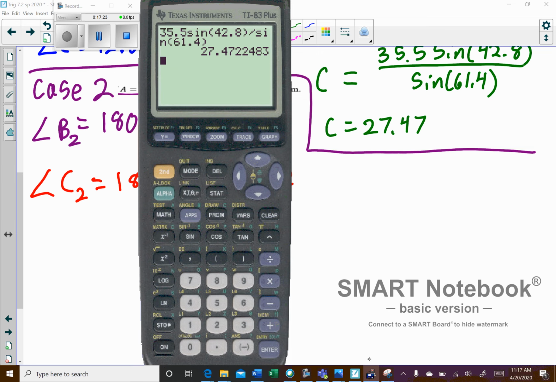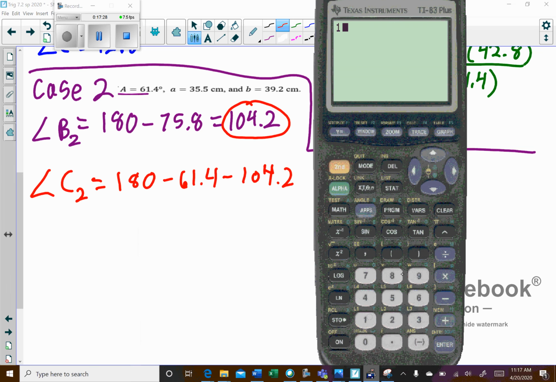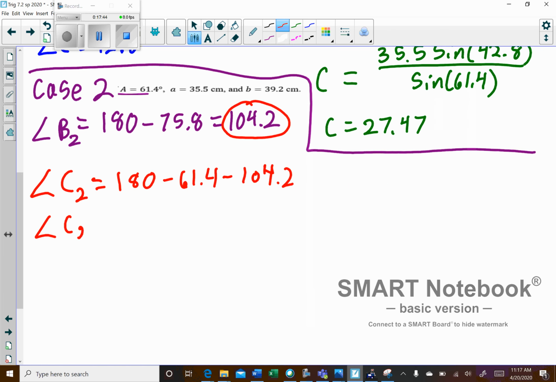And I'll use my calculator to make sure I don't make any mistakes here. So 180 minus 61.4 and then minus 104.2. That gives us 14.4 degrees. So angle C2 would be 14.4 degrees.